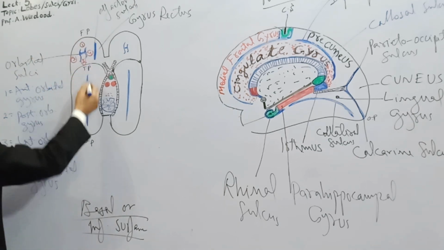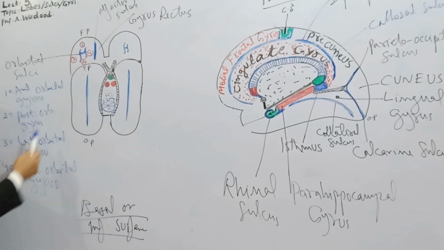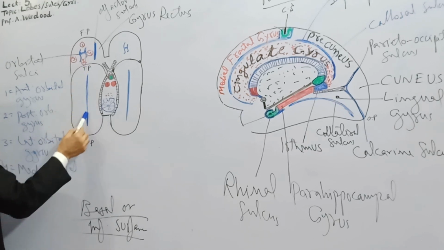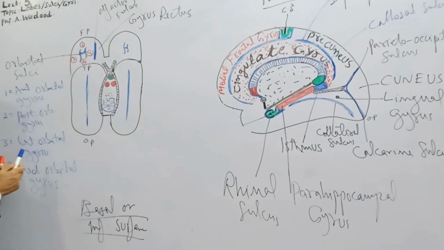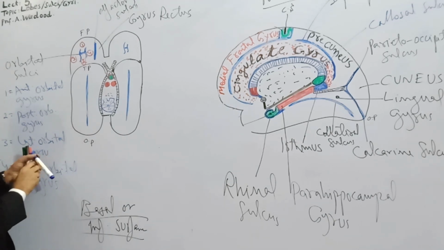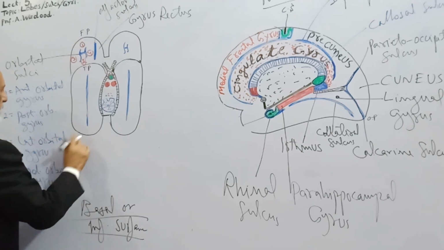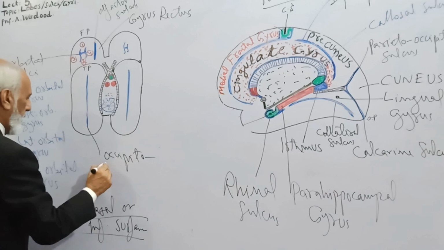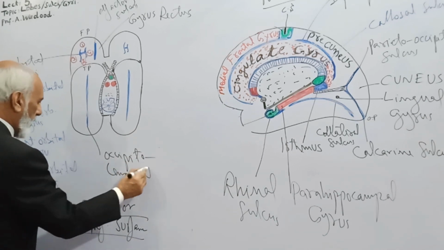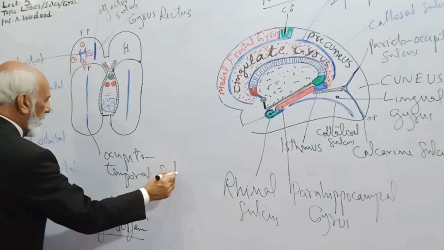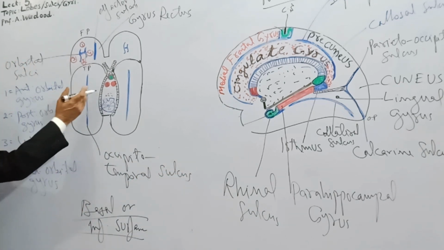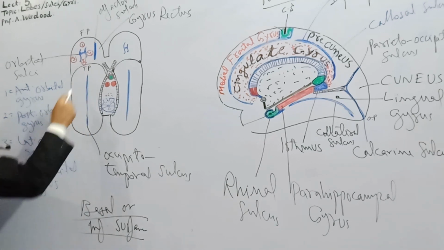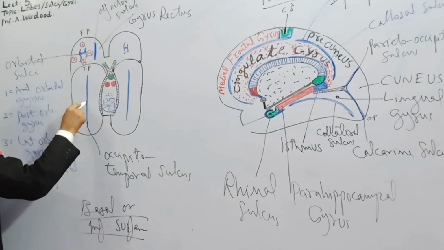Now come to the tentorial part of the inferior surface. There is a sulcus which starts a little behind the temporal pole and runs backwards and ends a little in front of the occipital pole. This is known as the occipitotemporal sulcus. In this way the tentorial part of the inferior surface of the cerebral hemisphere is divided into 2 gyri.